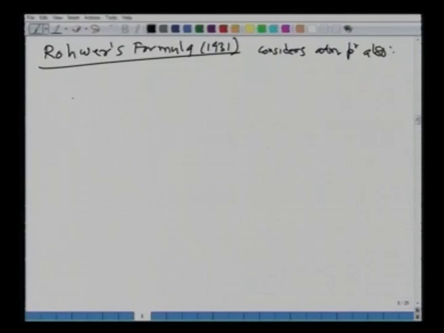Okay. And then there is a long expression, I am going to write it. So, please bear with me with that.